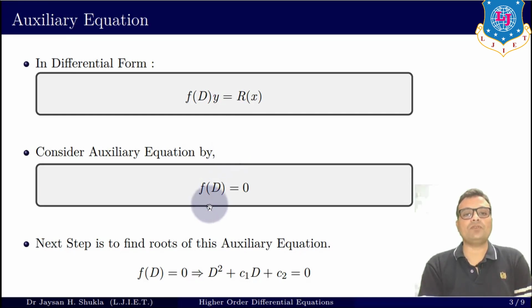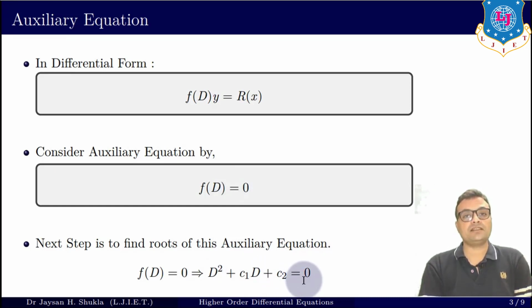The auxiliary equation is f of D equal to 0. So from this equation we need to consider only this part f of D and we will equate it to 0. Once we equate it to 0, it gives D square plus c1 D plus c2 equal to 0.